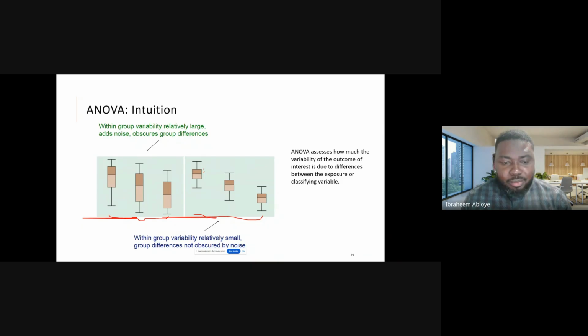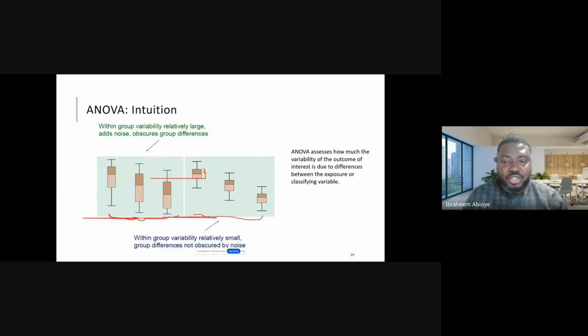Within this plot, these values are very similar to each other because you can see how compact that box is. But between the groups, these means are similar to each other, they're not far from each other, unlike in this one where the groups are meaningfully distinct from each other.